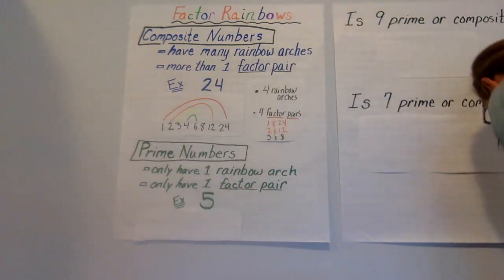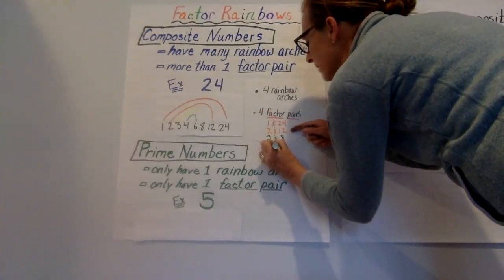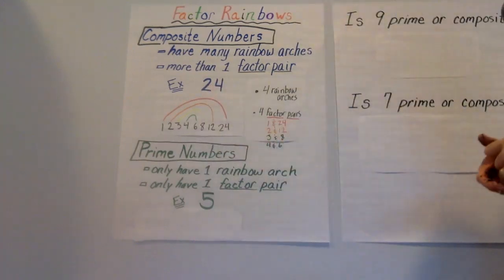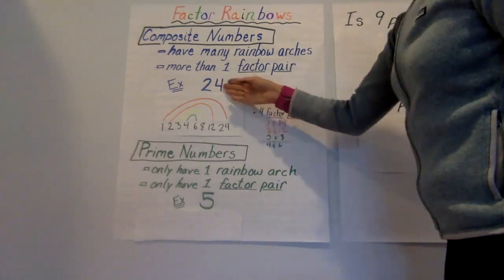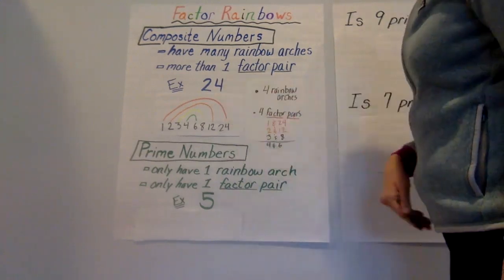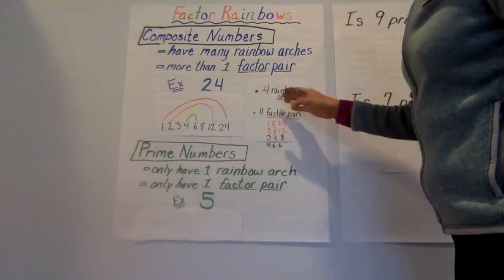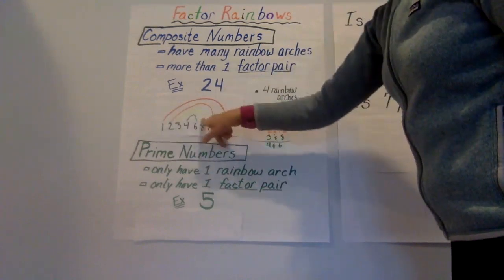I know that 4 and 6 are factor pairs of 24 because 4 times 6 is 24. Okay? So this number here, 24, is composite because it has more than one factor pair or more than one rainbow arch.